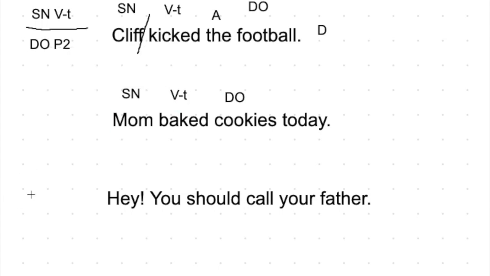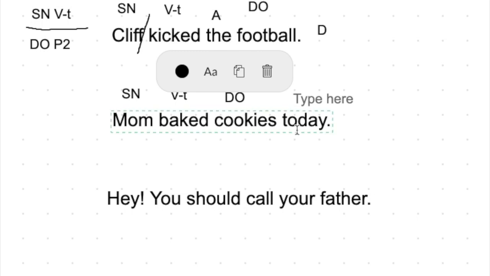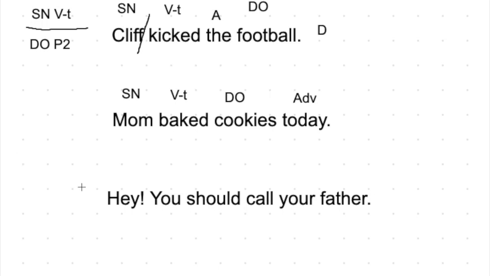Mom baked cookies when? Today. So if it's describing when, it's describing the verb, so it's an adverb. We have a period, statement, declarative sentence. So this is a D for declarative sentence.